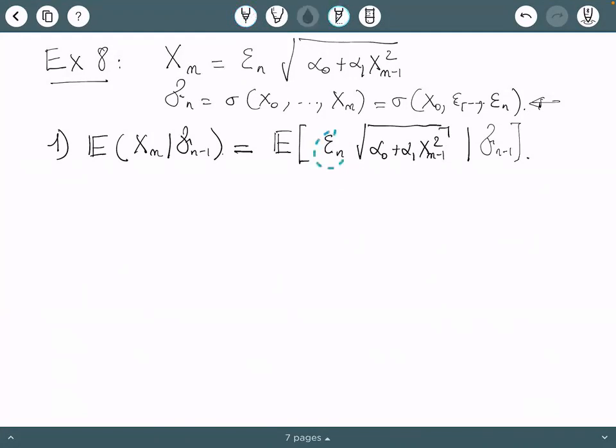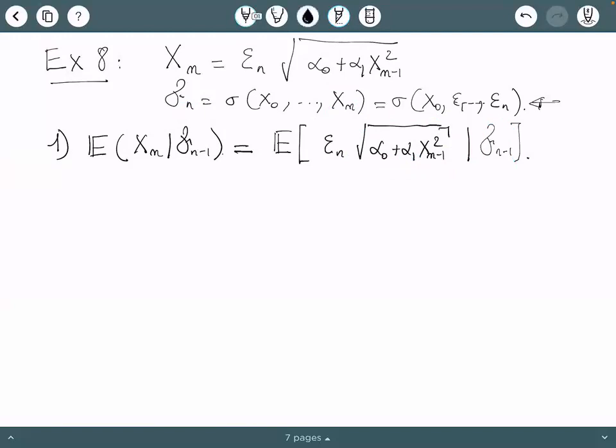So this epsilon n is in fact independent of this Fn minus 1, while this quantity here is Fn minus 1 measurable, because in Fn minus 1 you have xn minus 1. Since it is a function of xn minus 1, it is measurable with respect to this sigma field.